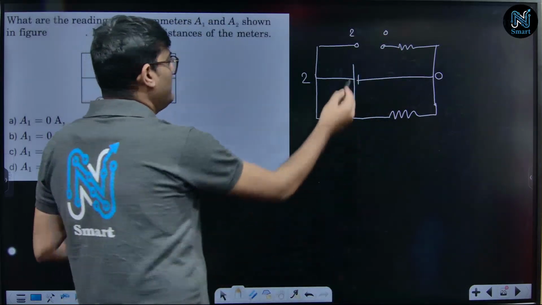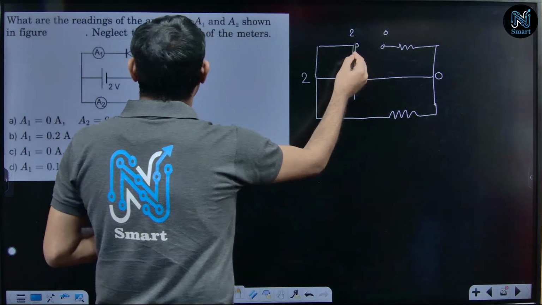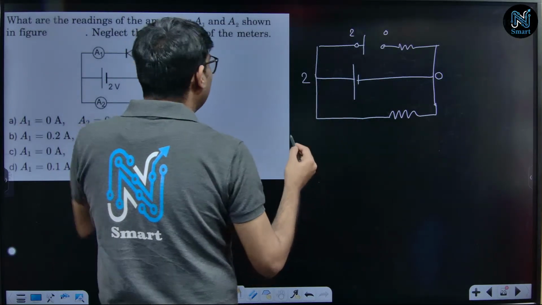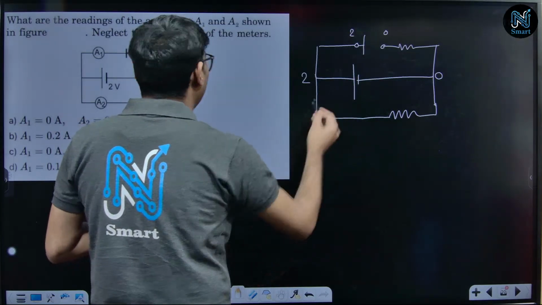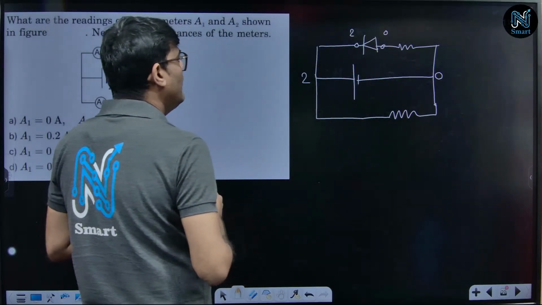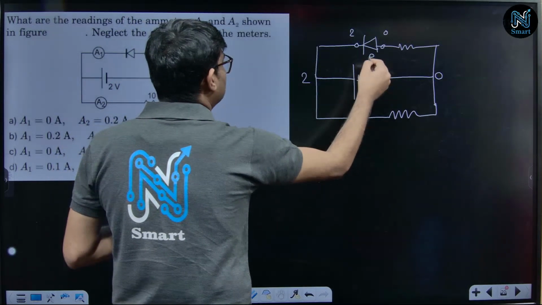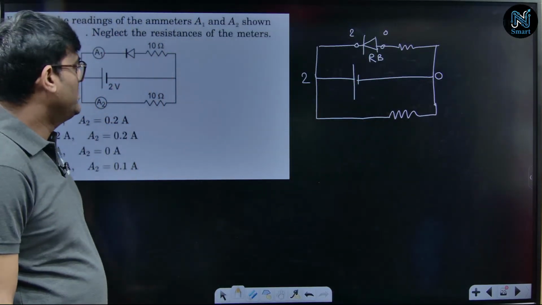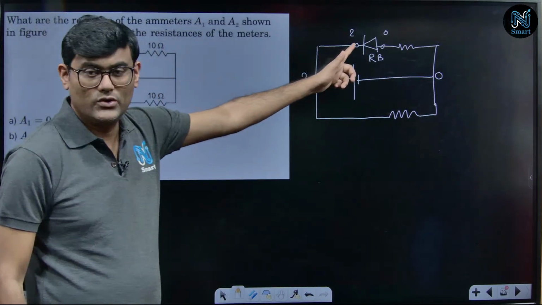So this part is at higher potential. Now the diode is connected with the N type at higher potential and the P type at lower potential. So what is this diode? This diode is in reverse bias condition. If it is in reverse bias condition, will it allow any current to flow through it?